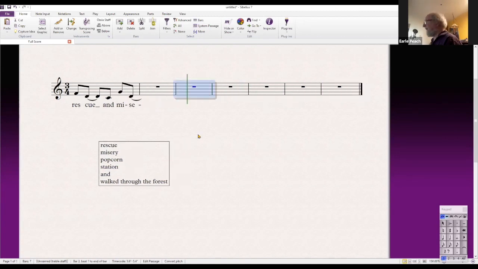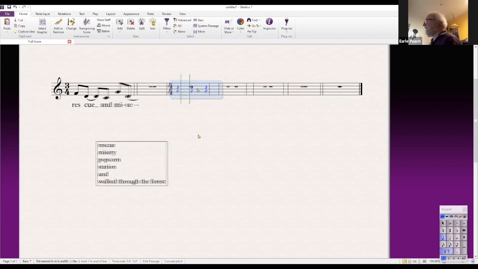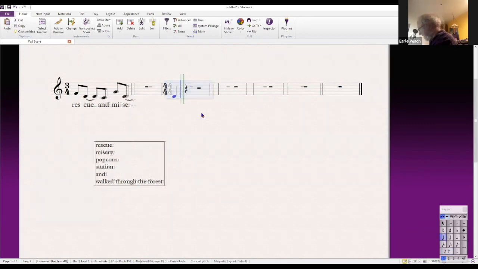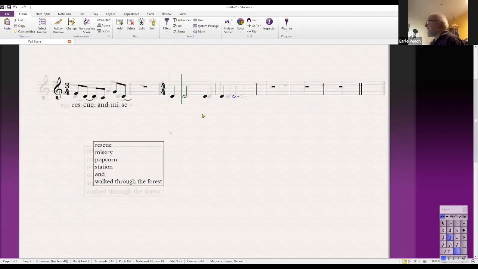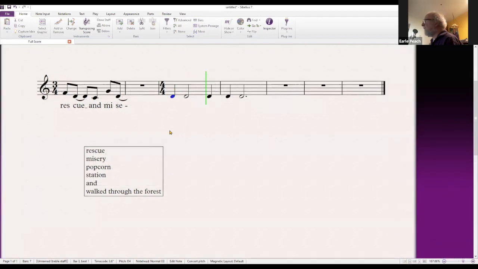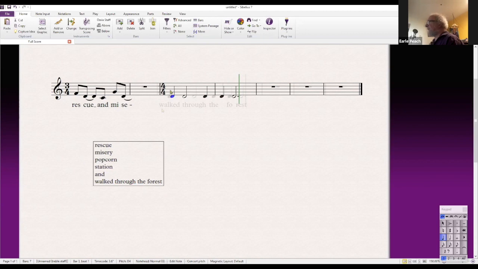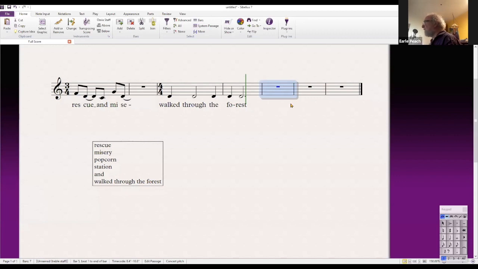What Keiko said sounded kind of like this: walk through the forest. Let's put those words underneath. And whereas Baruch, say it one more time.